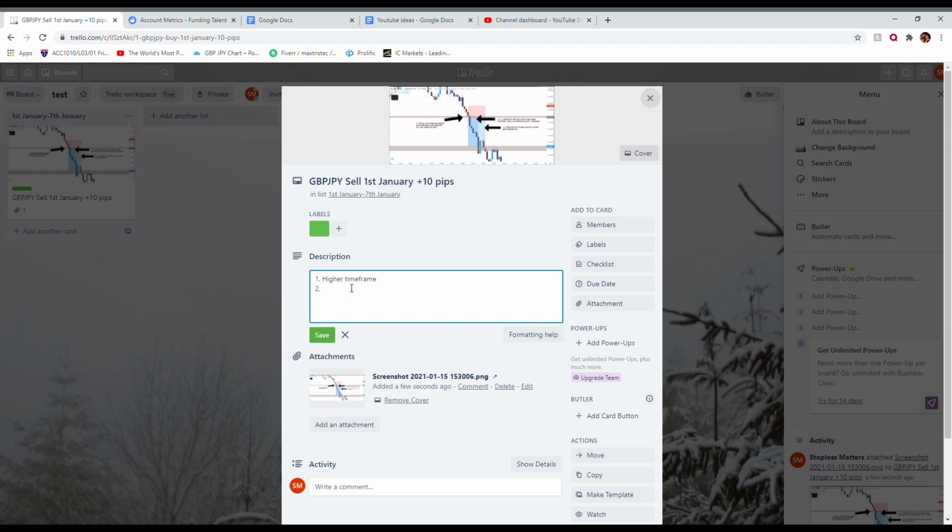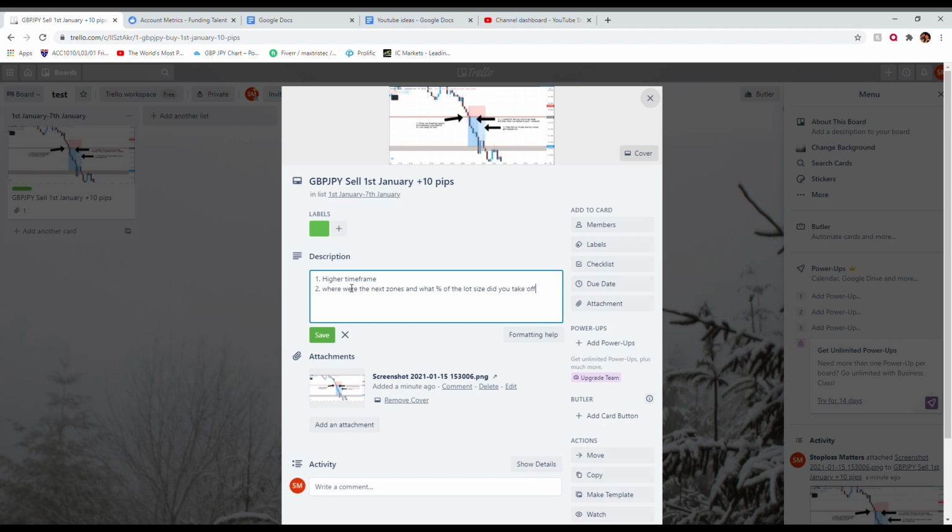Second, where were your zones? Sorry, where would you take profits? Where were the next zones, and what percentage of the lot size did you take off?